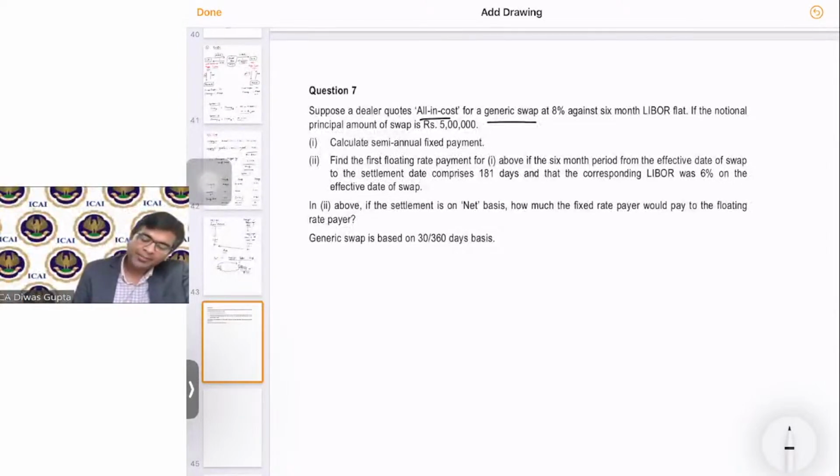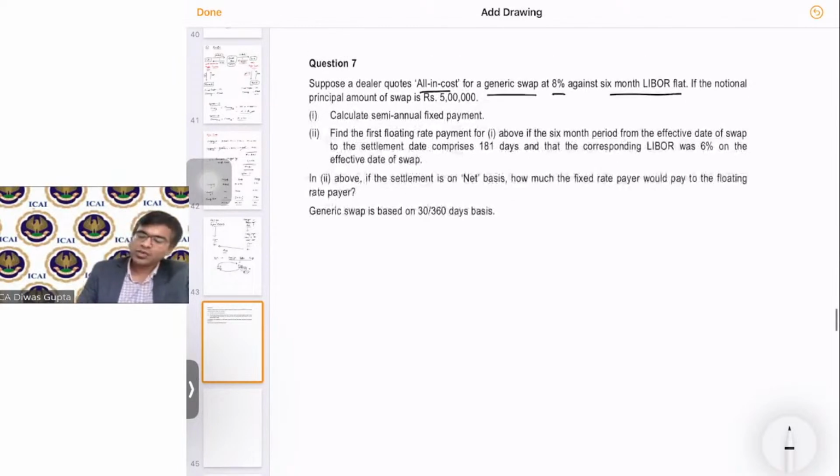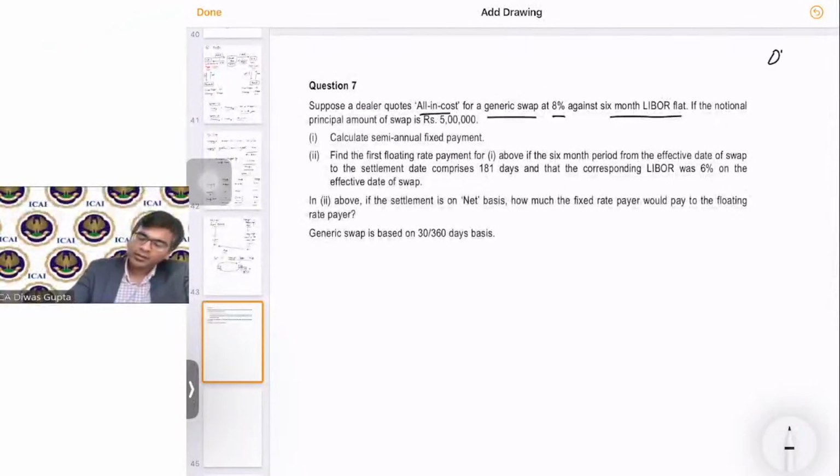So what is this swap? 8% against 6 months LIBOR flat. Simple. This is not an OIS swap because they are using 6 months LIBOR as the benchmark rate. Had they used the overnight rate, instead of a generic swap it would become an OIS swap.